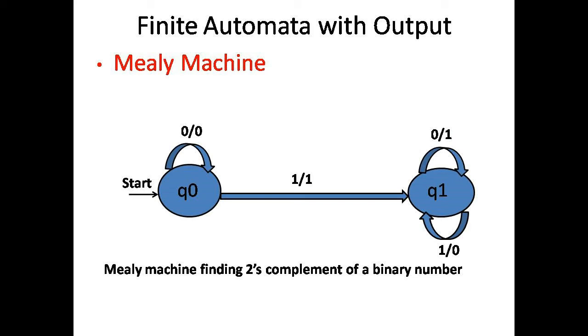With Q0 as the initial state, Q0 will read 0 without replacing them till it gets the first 1. On getting the first 1, it makes a transition to Q1, which now replaces each coming 0 by 1 and 1 by 0.